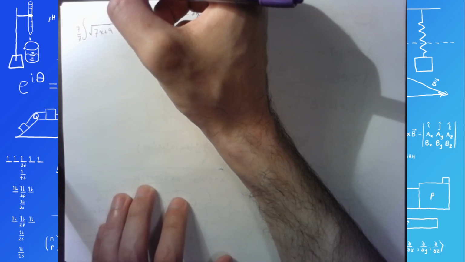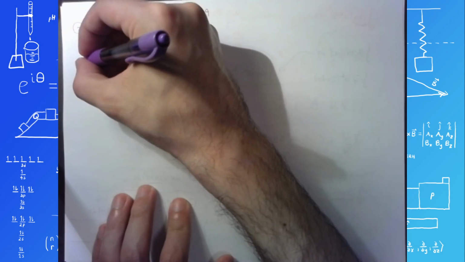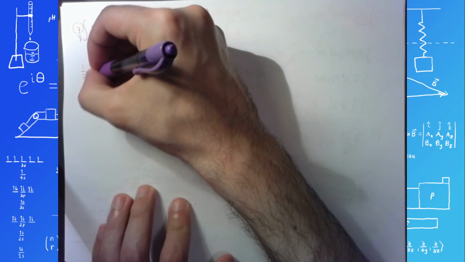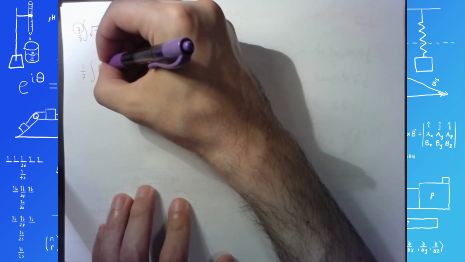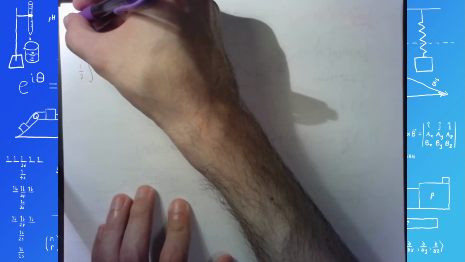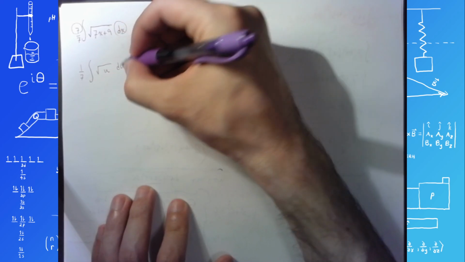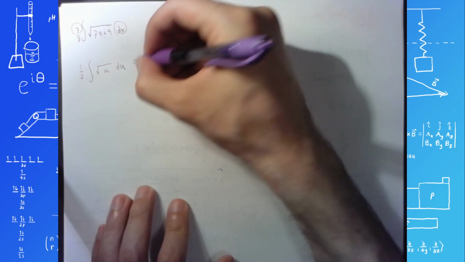As long as they are constants, I can move them in and out as I please. So 7 dx becomes du, and then I have the 1 over 7, and then the square root of 7x plus 9 becomes a u, 7 dx becomes a du. And we did the integral of a square root earlier.